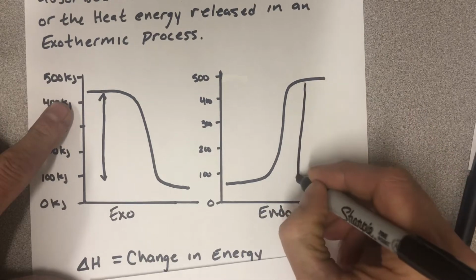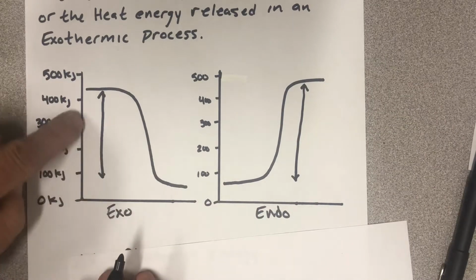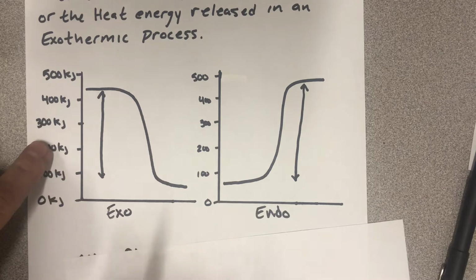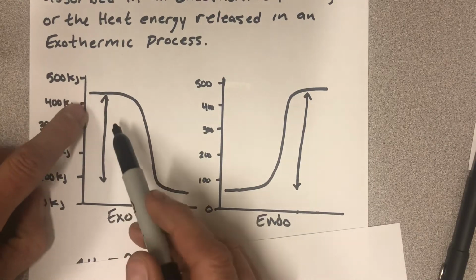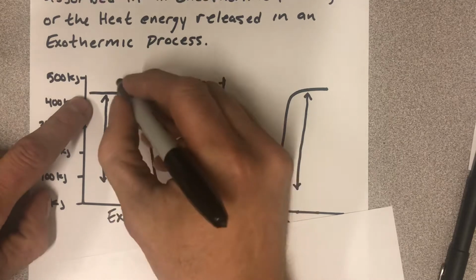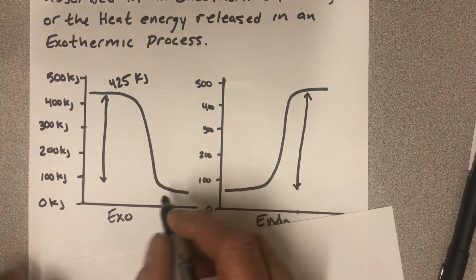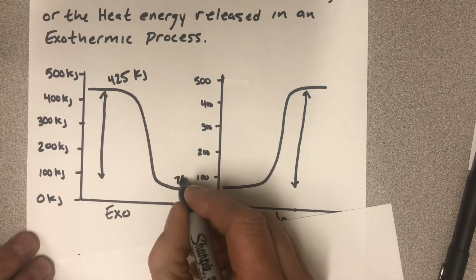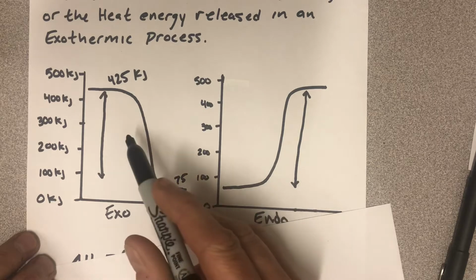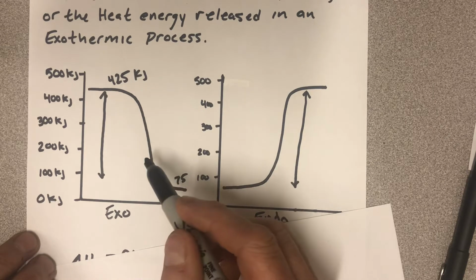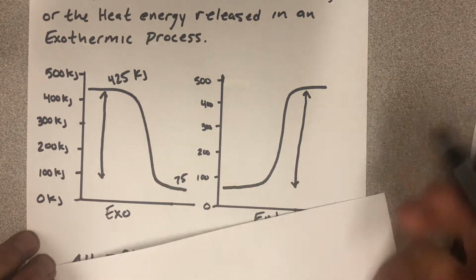So here we see that the exothermic enthalpy here is, if our products, or excuse me, our starting point is up here somewhere by like 425, let's call that, kilojoules, and then down here it ends at something like 75 kilojoules. We would just take the difference between those two numbers, and that's the amount of energy that has been released in this process. And the same thing would be true here.